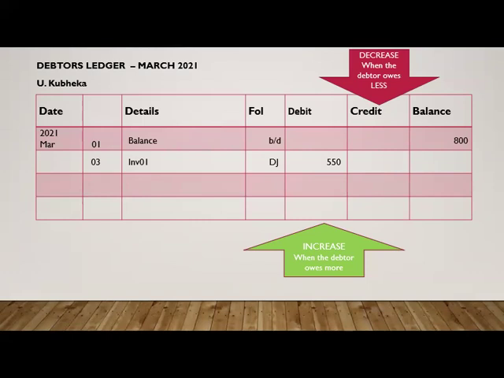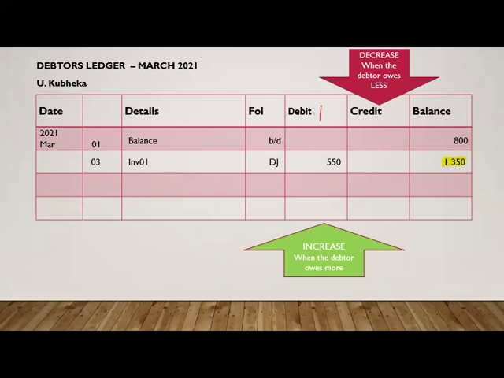So that is why it'll increase what Ukubeka owes us from 800 to 1,350. So the reason why I say it's 1,350, how did I get it? I took the 800 and I added it with the 550. Please remember, guys, I used to like doing this. I don't know why I haven't done it this year.